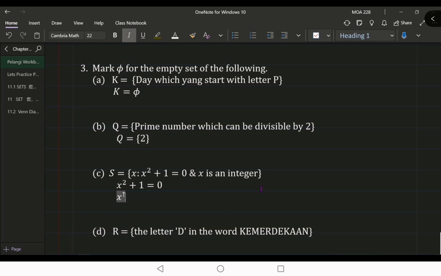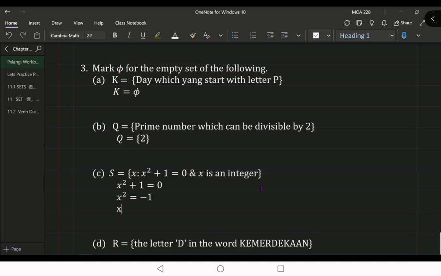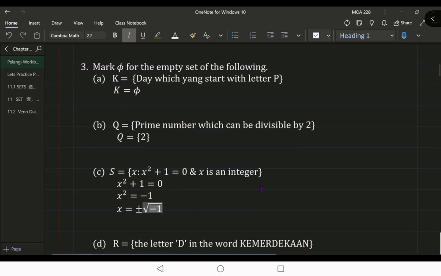x squared is equal to -1. That means x is plus or minus the square root of -1. There is no integer; it is a non-integer, a complex number.